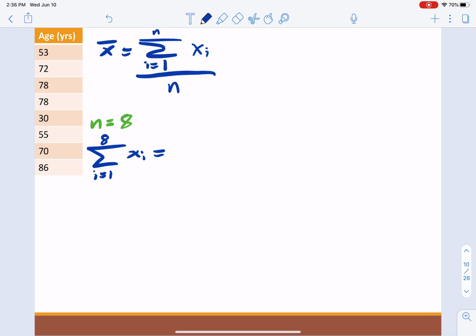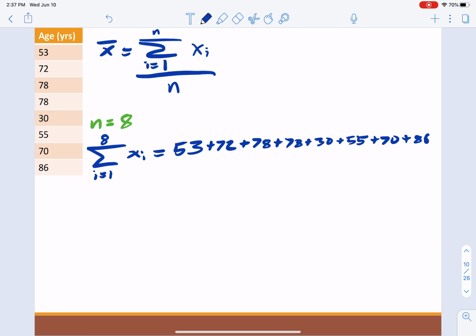What that looks like is just taking our first data point, 53, plus our second data point, 72, plus 78, plus 78 again. Let me make sure I'm not making any mistakes. Plus 30, plus 55, plus 70, plus 86. So that's all good. And just to double check, I've got everything. I'm going to count: 1, 2, 3, 4, 5, 6, 7, 8. I'm good.